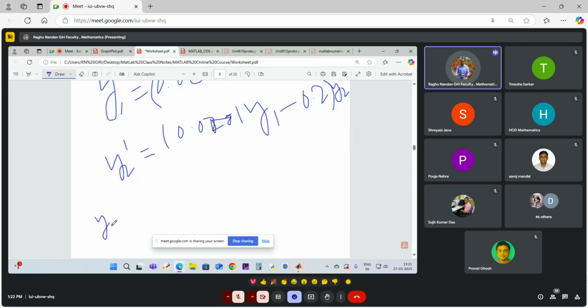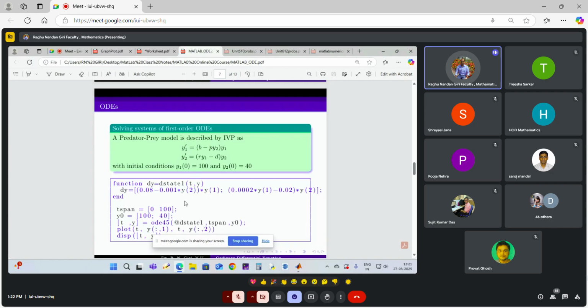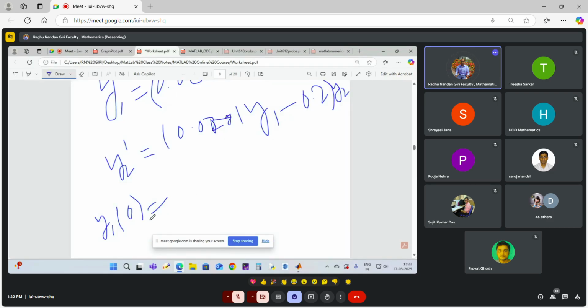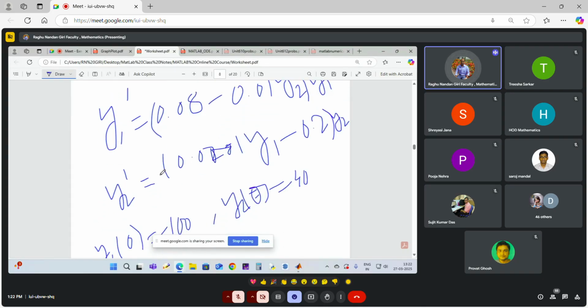This is our two first order ODEs with initial conditions y1(0) equal to 100 and y2(0) equal to 40. So how to solve this?